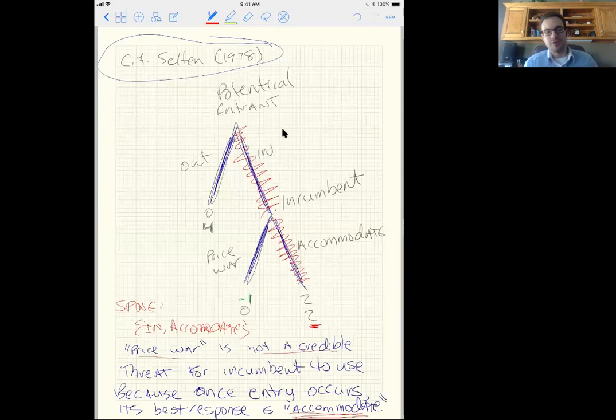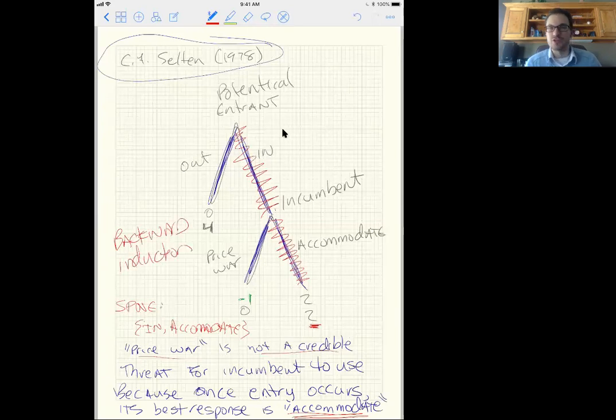If we can figure this out, the rival can figure this out as well, and so we expect the entrant is actually going to come in. Apart from this interesting insight about what could potentially happen in this entry situation, what I've modeled here is actually the method for solving an extensive form game by backward induction.